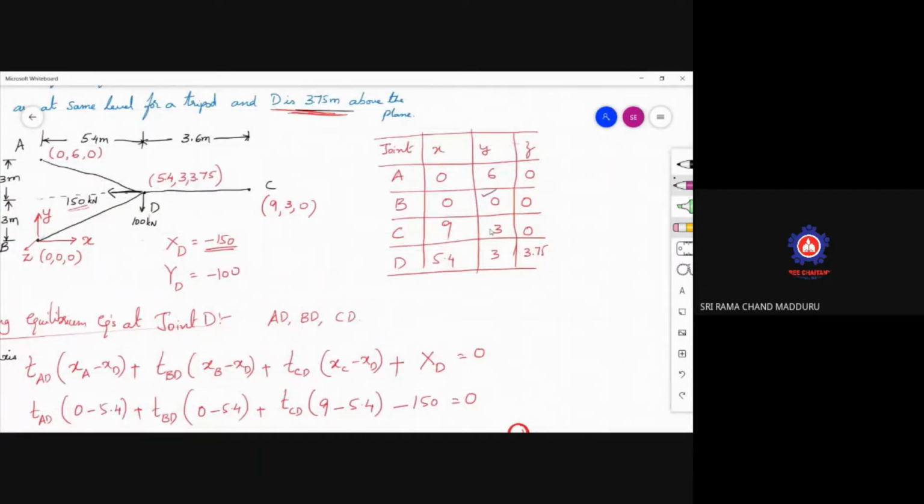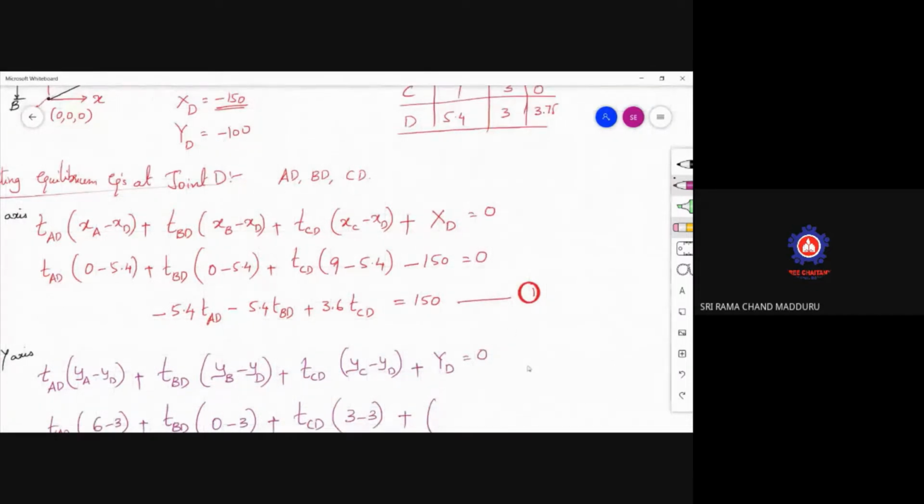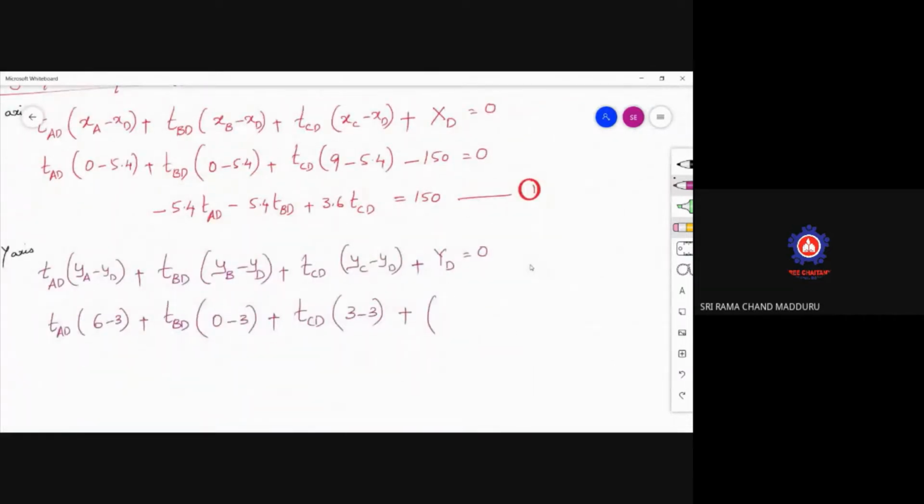YC is 3, so 3 minus 3, plus the YD value we have already written, minus 100, is equal to 0. So this is 3 TAD minus 3 TBD, plus 0 into TCD, is equal to 100.